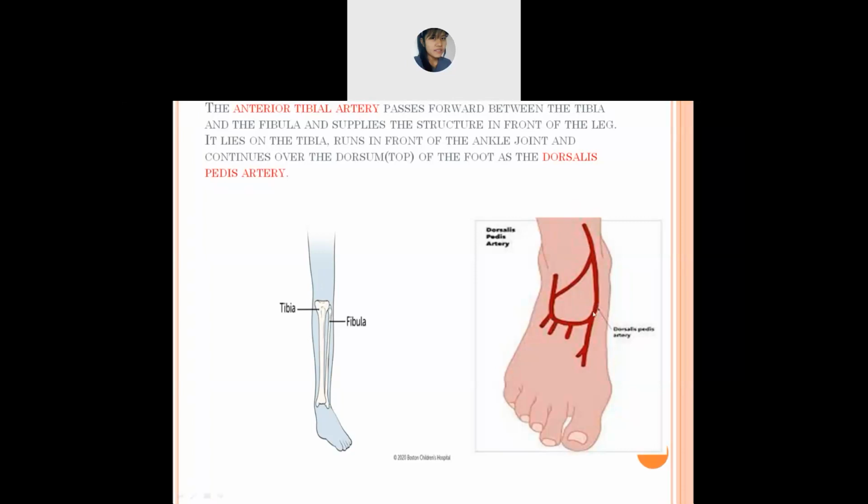This one, dorsalis pedis artery. The dorsalis pedis artery is the continuation of the anterior tibial artery. Is it clear about the anterior tibial artery? Yes. Okay.